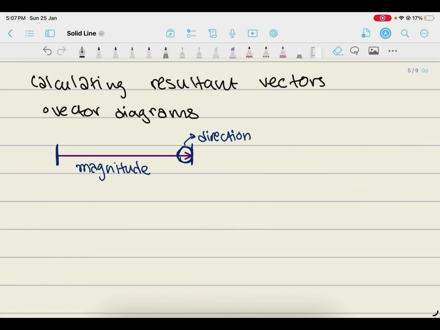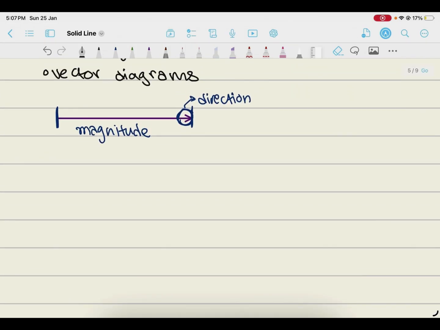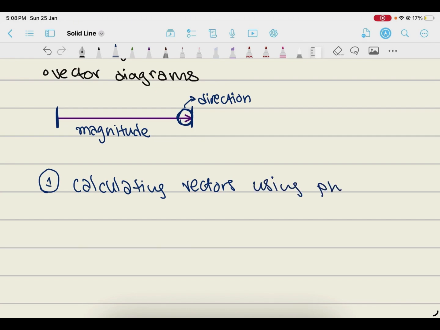How can you calculate the resultant vectors? First method is calculating vectors using Pythagoras theorem. Okay, you have to do it graphically.